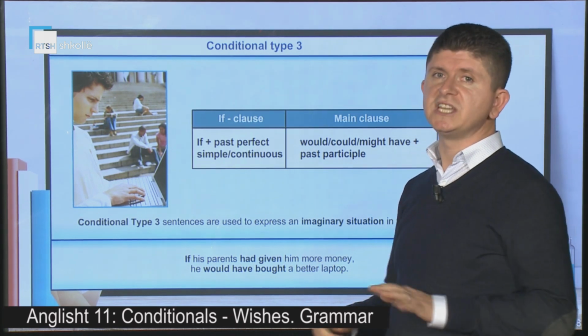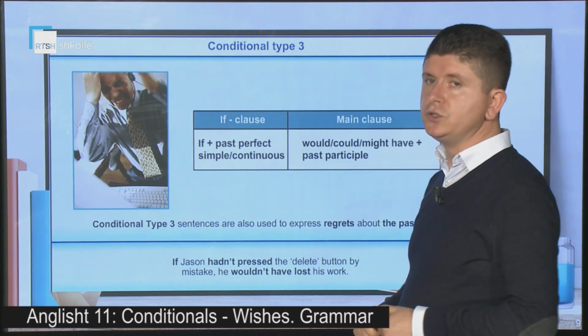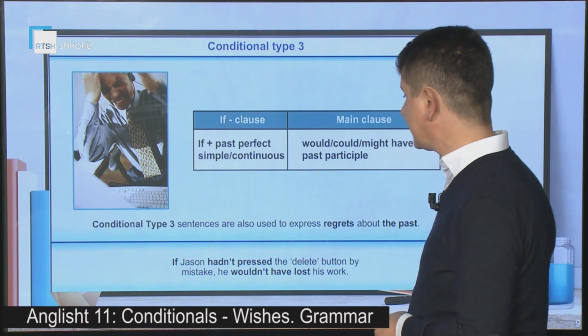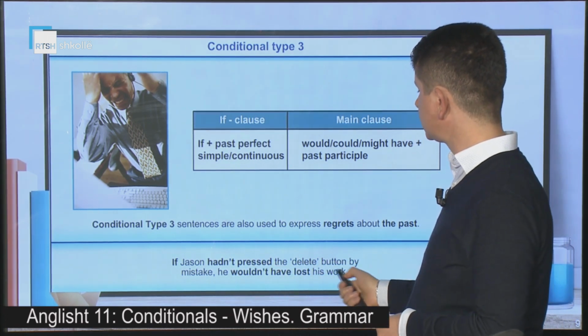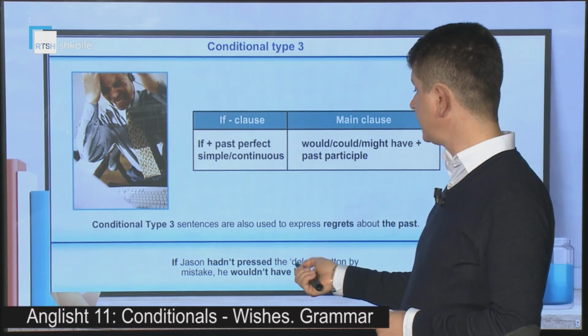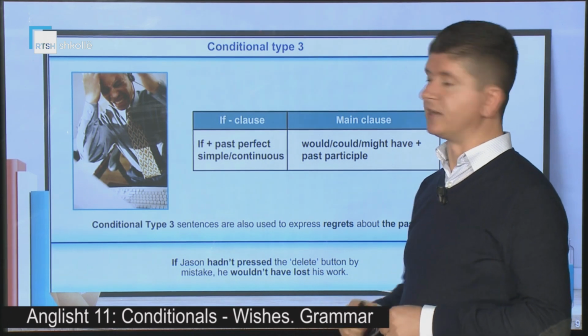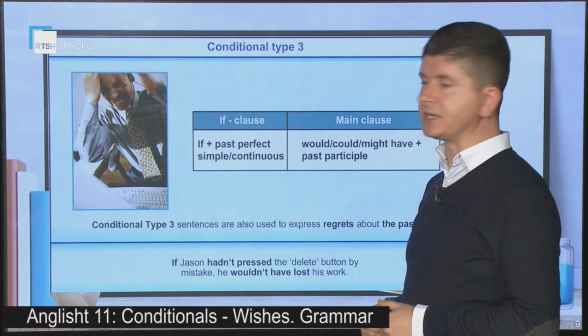So you can't change the situation now. The third conditional is also used to express regrets about the past. For example, if Jason hadn't pressed the delete button by mistake, he wouldn't have lost his work. But again, the action is already done. Now you can't change it. But the person here is expressing regrets.